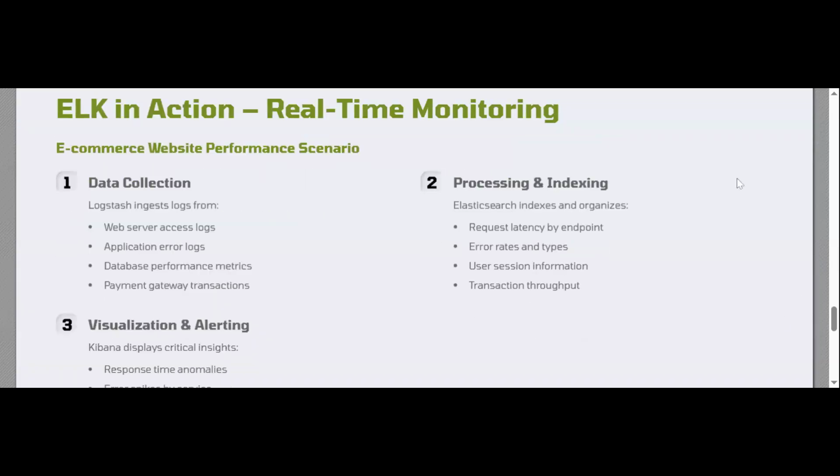So in action, let's see how these three things work together. Here you can see, for example, an e-commerce website performance scenario. Logstash ingests logs from the web server access, application errors, database performance metrics, and payment gateways. Logstash can send all this log data, payment gateway information, everything.